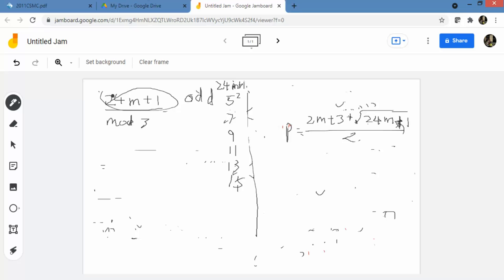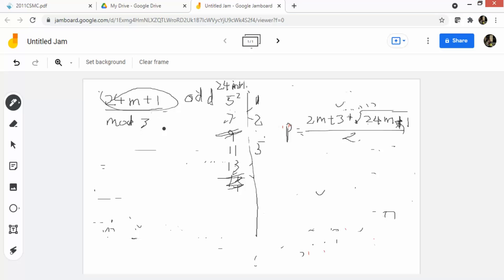And we also notice that because of mod 3, it cannot be 9. Also, it cannot be 15, right? So basically we have tried. We try 49, this one gives 2, and 121 gives 5, and 169 minus 1, 168 divided by 24 is supposed to be 7.